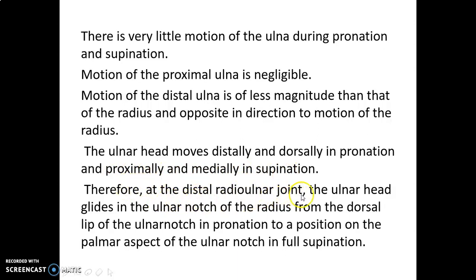Therefore, at the distal radioulnar joint, the ulnar head glides in the ulnar notch of the radius from the dorsal lip of the ulnar notch in pronation to a position on the palmar aspect of the ulnar notch in full supination.